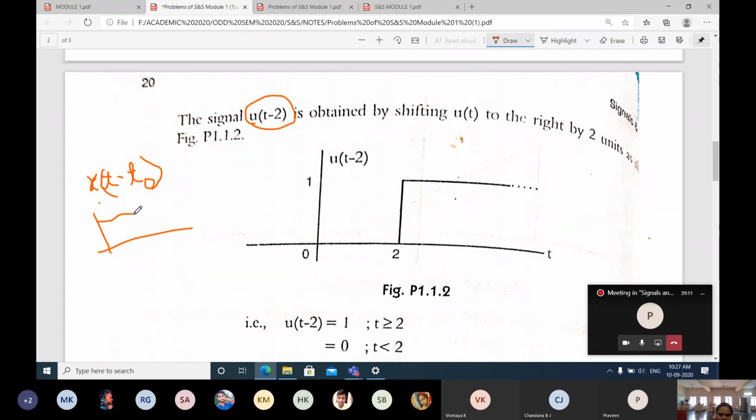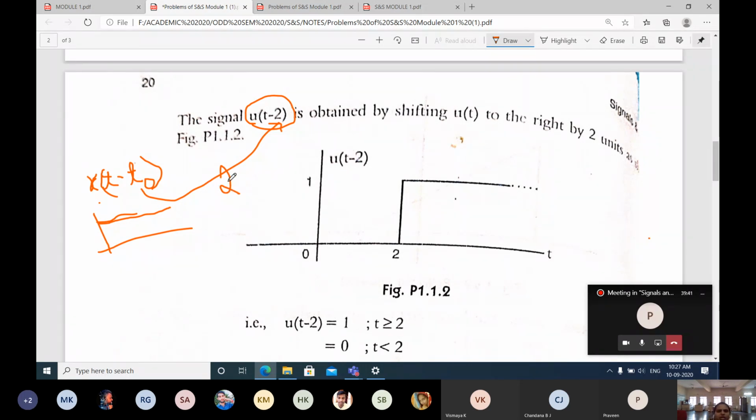This is shifting by how many positions? 2 positions. What is the value of t naught here? It is 2. Correct? T naught is plus 2. Minus is standard, and the minus is there, so t naught is 2 only.